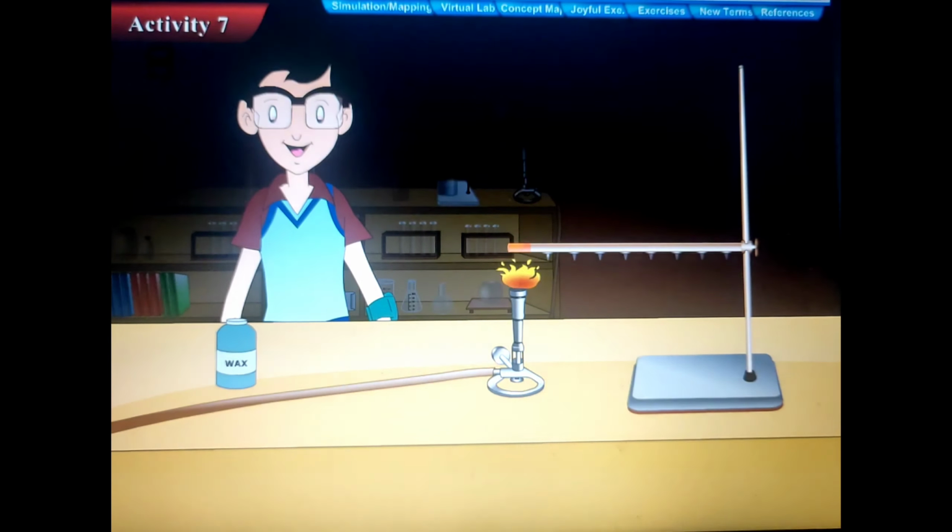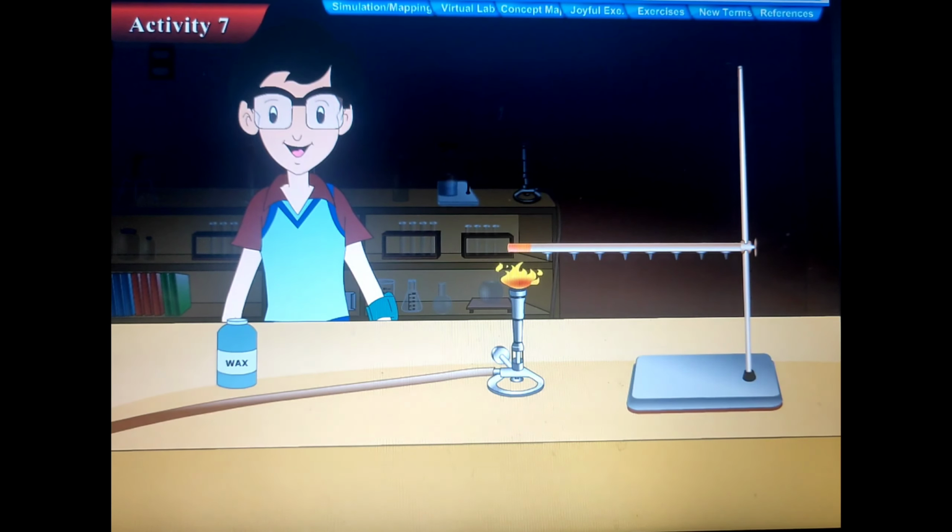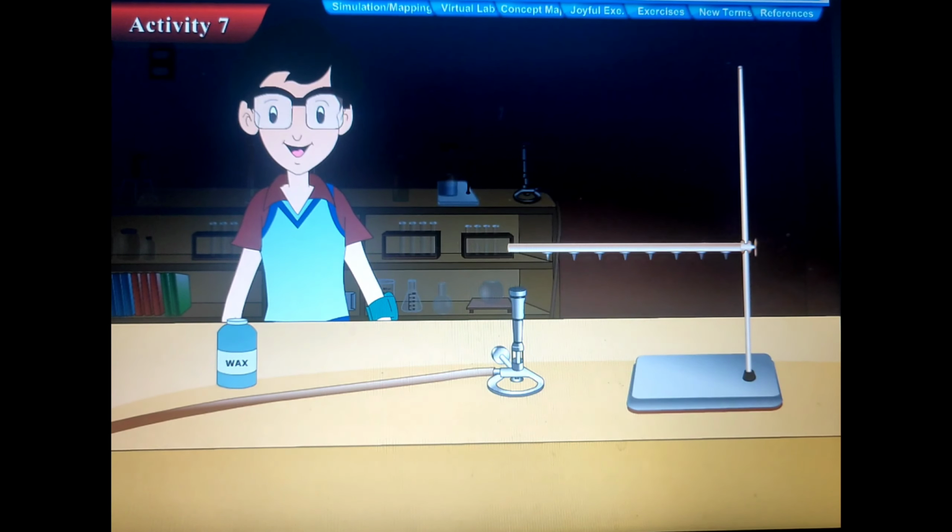Observation: we will see that the nail nearest to the heated end of the rod falls down first, then the next, and finally the nail farthest from the flame drops off last. Conclusion: these observations can be explained as follows. The burner is placed below the free end of the copper rod. This end gets heated first, whereas the other end is cold.